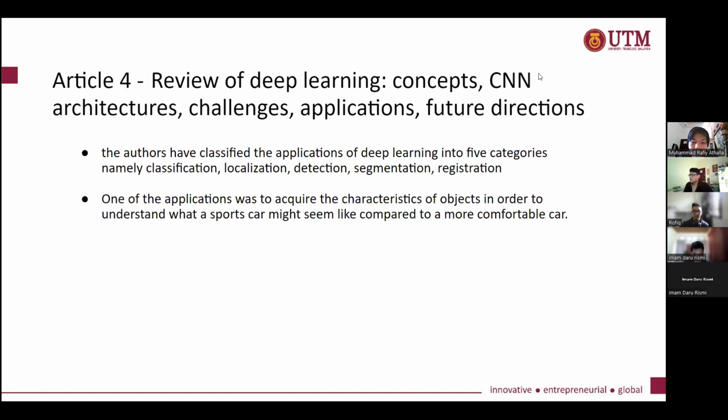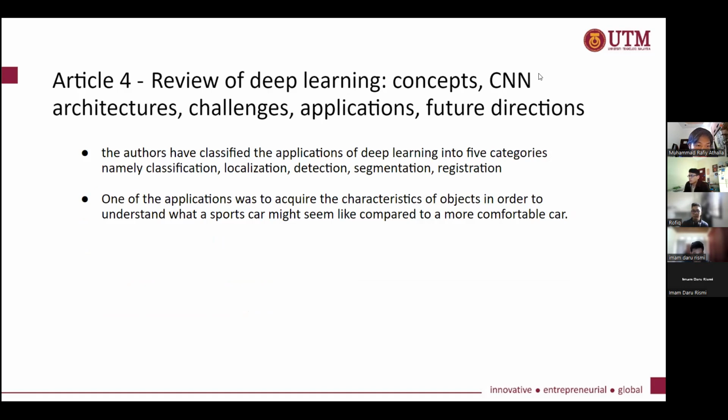The fourth article is called Review of Deep Learning Concepts, CNN Architectures, Challenges, Applications, and Future Directions. In this paper, the authors have classified the applications of deep learning into 5 categories: classification, localization, detection, segmentation, and registration.